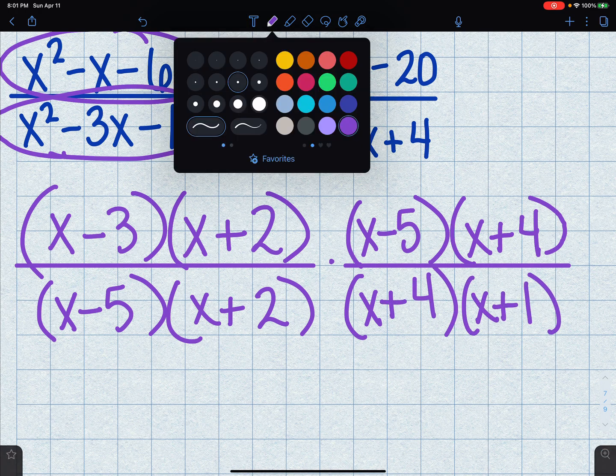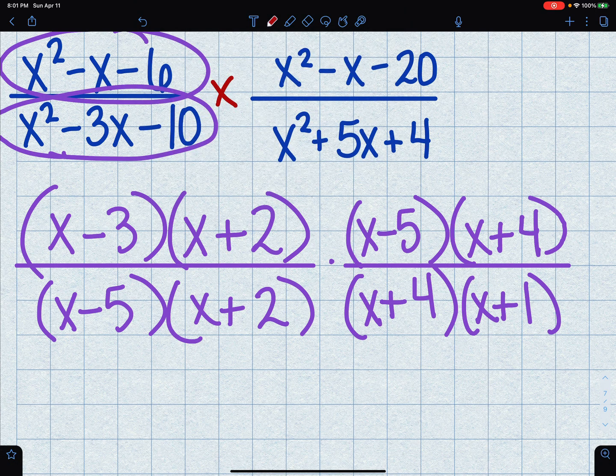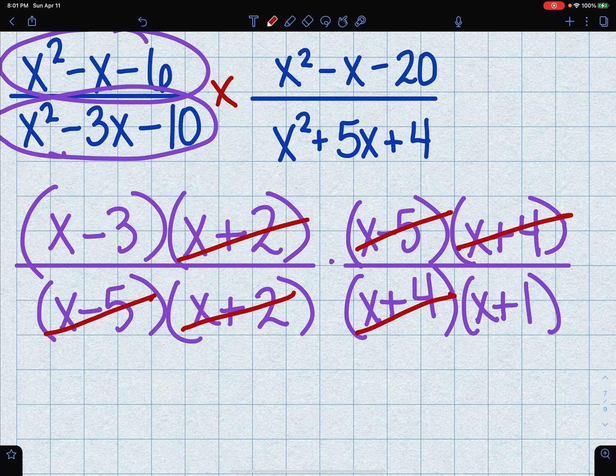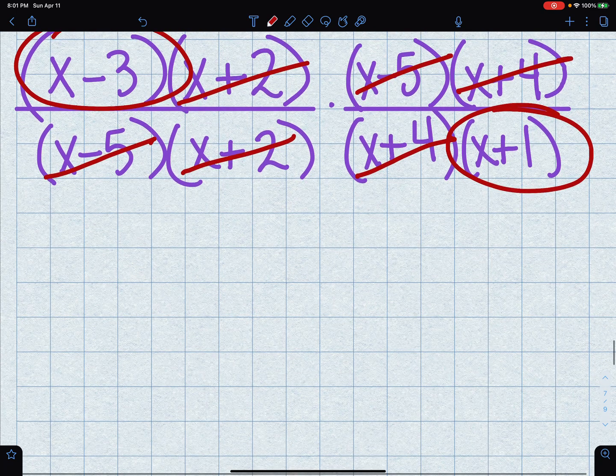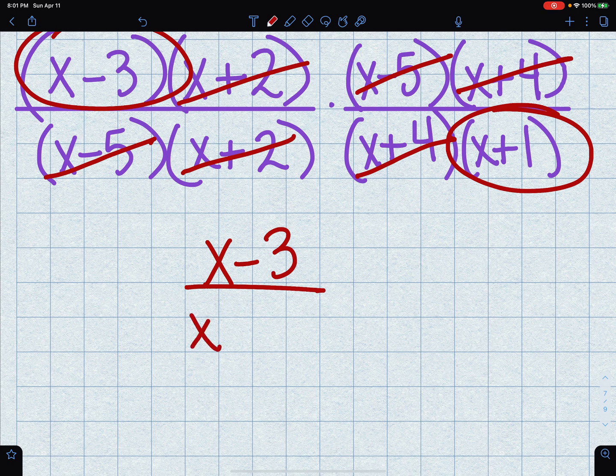Alrighty, time to get out that red pen, see what can cancel. Well, x minus 5 cancels. X plus 4 cancels. And then I'm left with this and this. And since we multiplied straight across, the answer is going to be x minus 3 on top and x plus 1 on the bottom. I love canceling, don't you?